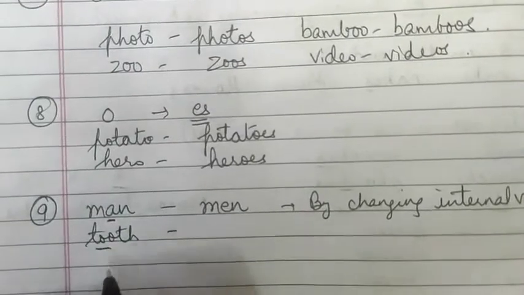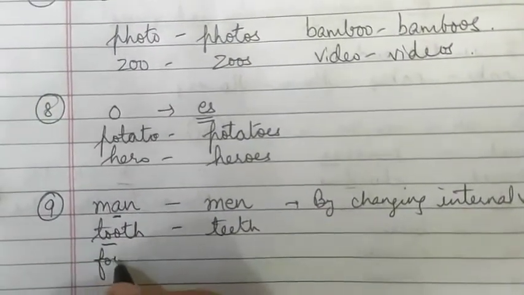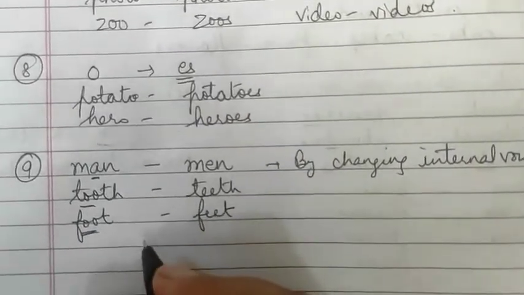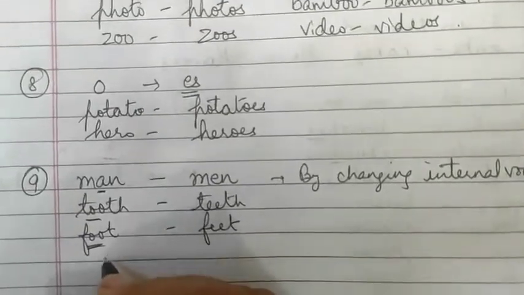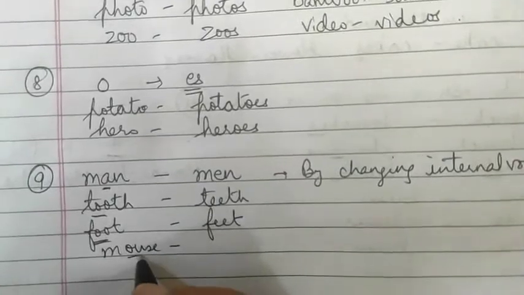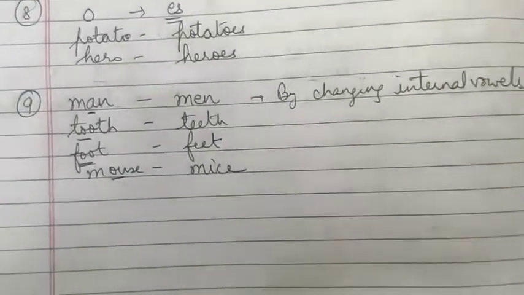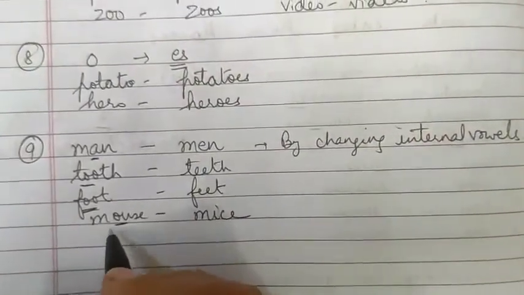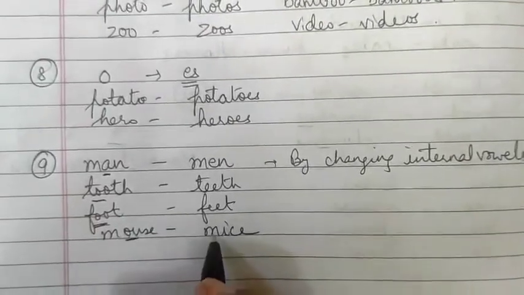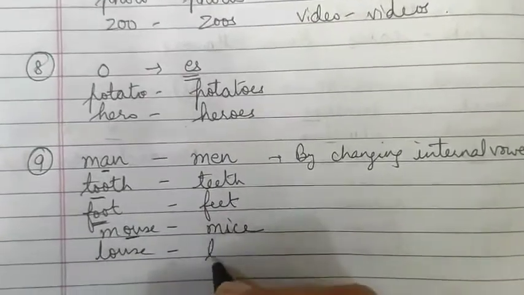Here the vowels double O are there, so we will change them: teeth. Foot. Feet. Okay. Then mouse. Here the vowels O and U are changed and we write the plural form as mice. Or you can say OU is changed to I. The letters OU are changed to I. Louse. Lice.